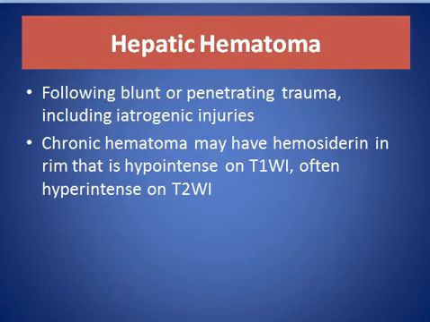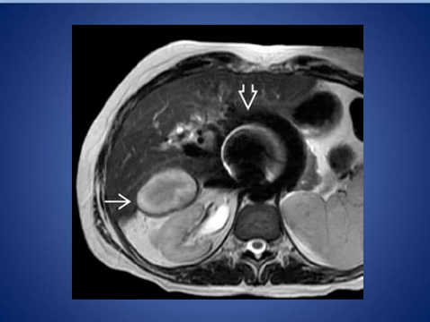Hepatic hematoma following blunt or penetrating trauma and including iatrogenic injuries. Chronic hematomas may have hemosiderin in rim that is hypointense in T1 and often hyperintense in T2 weighted images.